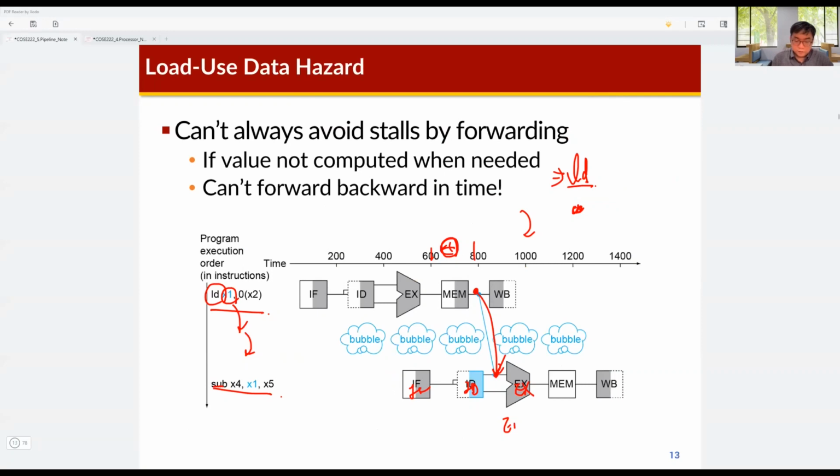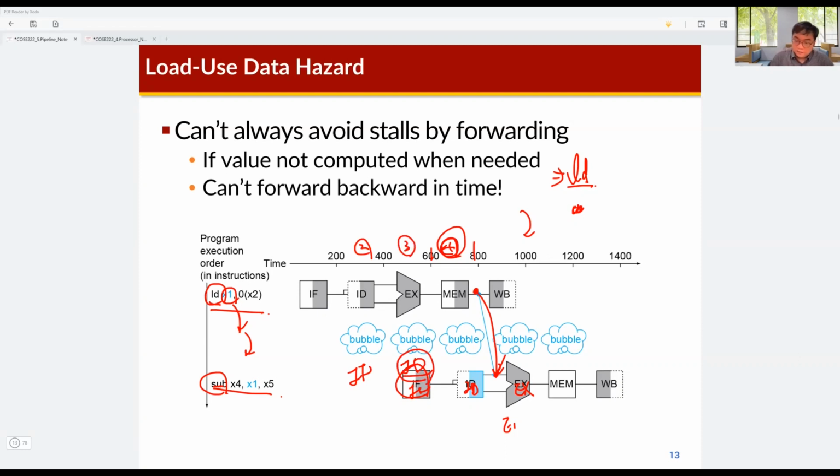So in this example, the following sub instruction receives the data from the load instruction, but the sub instruction cannot be executed because the data is not ready at clock cycle 4. This figure shows the sub instruction is fetched here, but in the actual design the sub instruction is fetched at clock cycle number 2, and then it is in the idle stage at clock cycle number 3.